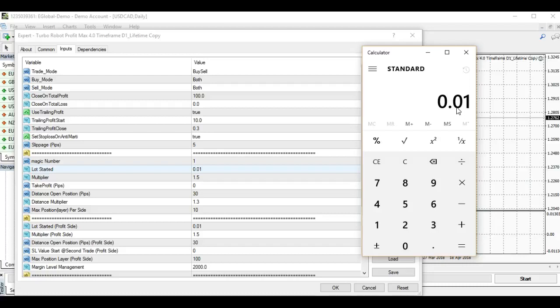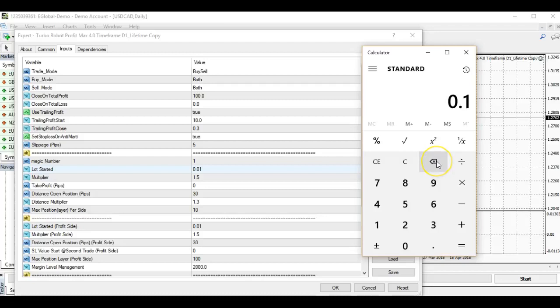Remember the pip value. Every move of the market is 0.01 as well. Some brokers have 1 pip is 10 cents. So if your broker has every 1 pip multiplied by 0.10, multiplied by 1, your every pip will be 10 cents.